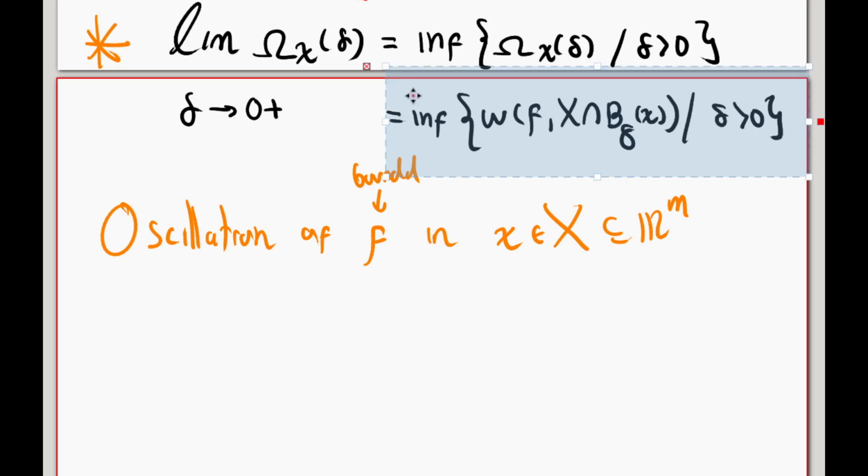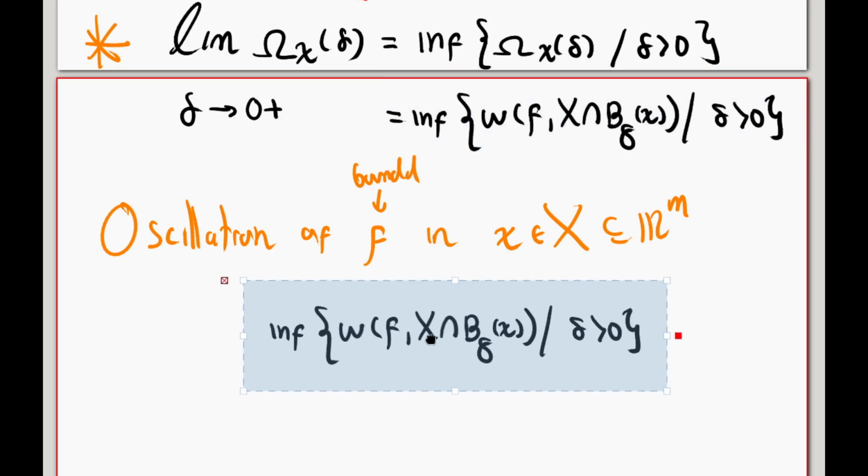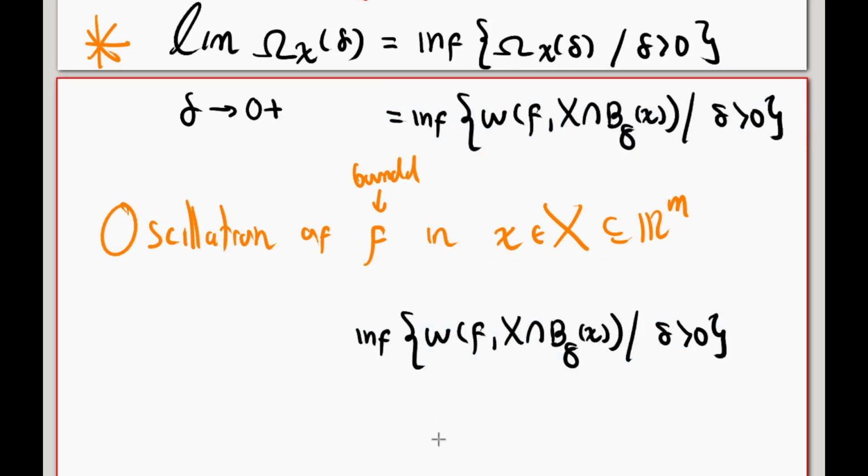It will be as you're seeing on screen. It will be like this, and we will denote this as the oscillation of f at this point of the domain. So that's the definition that we will handle from now on.